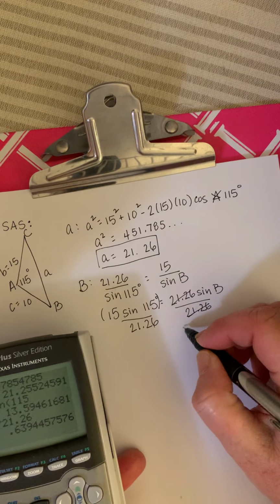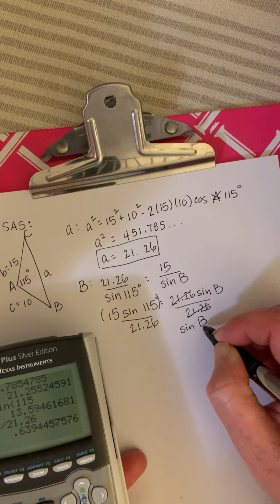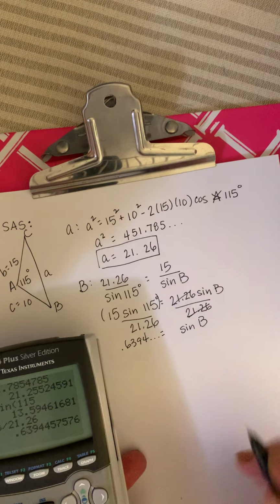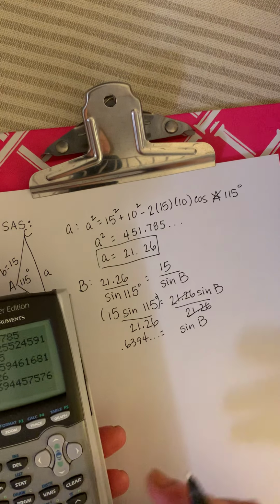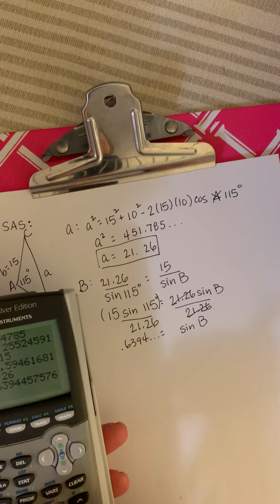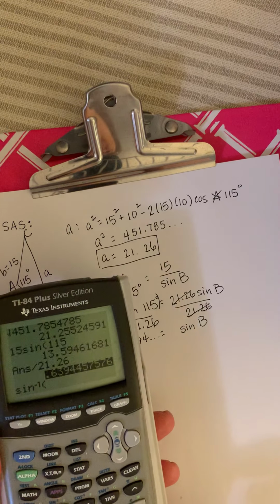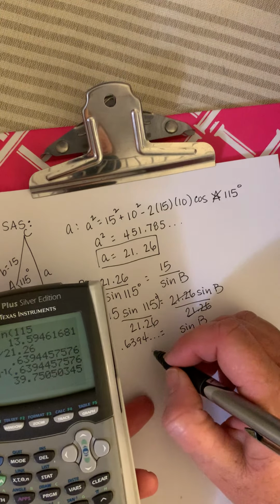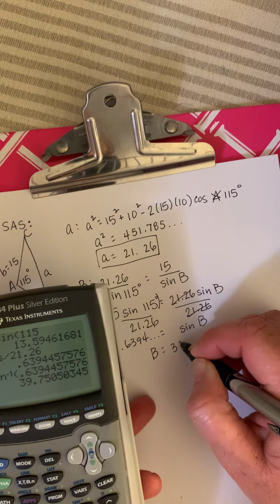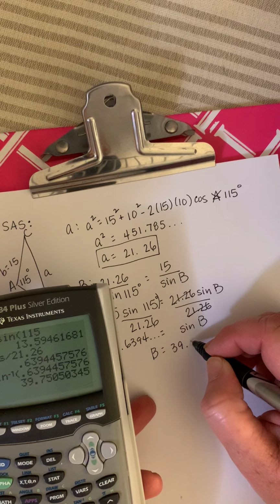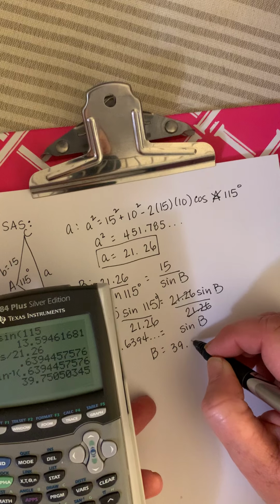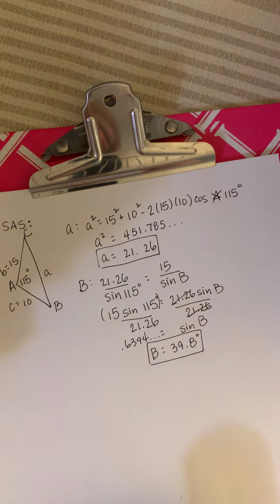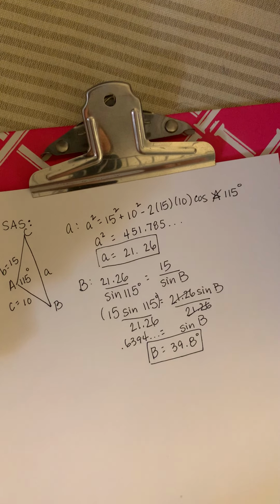And this is now the sine of B. And in order to get B, I'm going to inverse or second sine that answer. There we go. And angle B is 39.7, see, I'd go 7.5. The book is probably going to go 8.